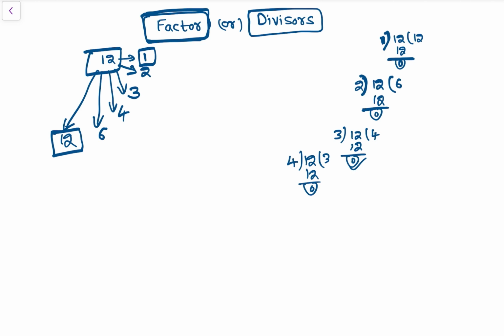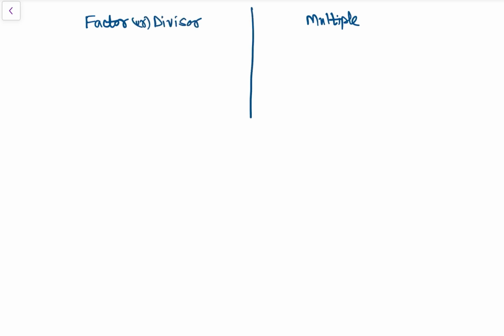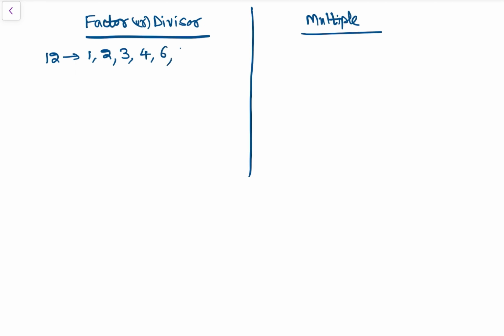ठीक है, then we need to understand the difference between factor and multiple. ठीक है, factor or divisor or multiple. So say 12 का factors are 1, 2, 3, 4, 6 and 12.